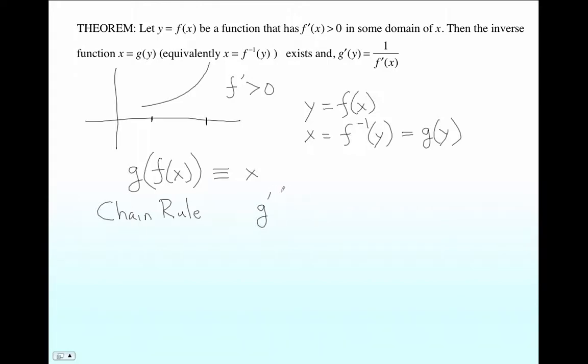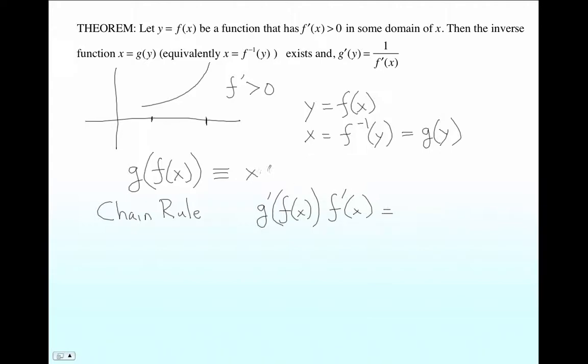And remember, this is very, very important, that derivative has to be evaluated at the argument of the first function. Then you've got to multiply by the derivative of what's inside again, and that's f prime of x.